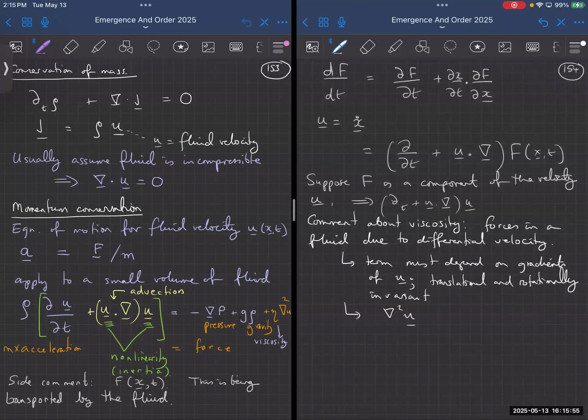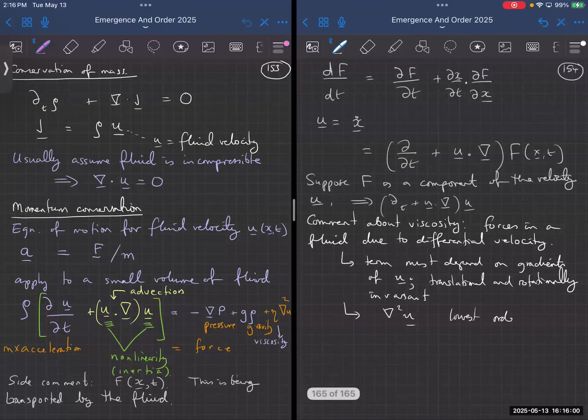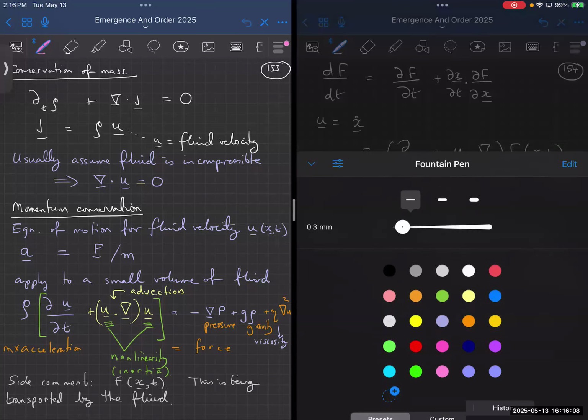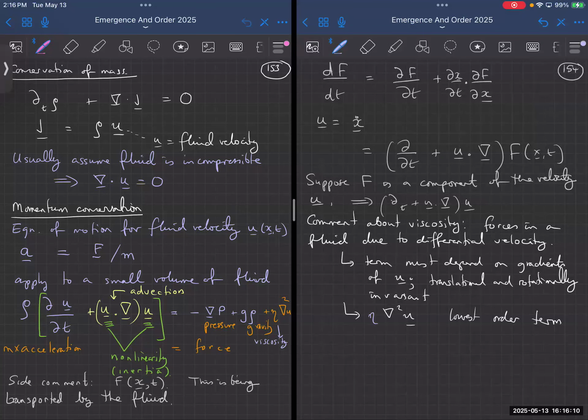There could be higher order terms, but this is the lowest order term that is linear in u. And so this is the lowest order term that we would expect, and the coefficient that goes in here is the shear viscosity. So this is the phenomenological derivation of the equation on the left. This equation on the left is called the Navier-Stokes equation, and we've just derived that in 5 seconds. Well, 10 seconds because I explained it slowly to you.